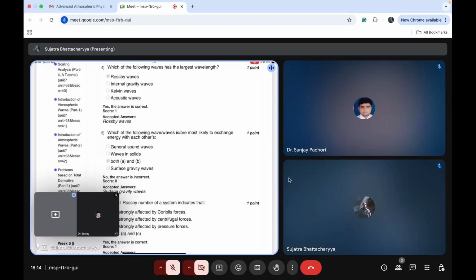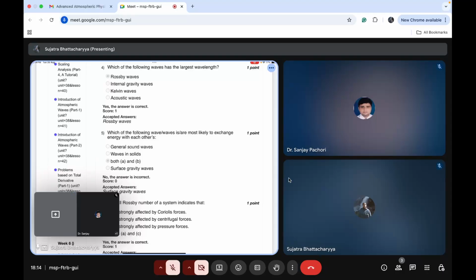In general, surface gravity waves have a tendency to exchange energy with other waves or with the atmosphere. Waves in solids and general sound waves can also be nonlinear, but surface gravity waves are a particular wave, particularly in the atmosphere, where you can see that waves can interact with each other.